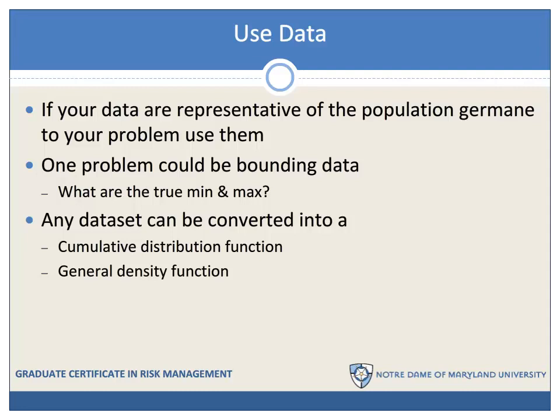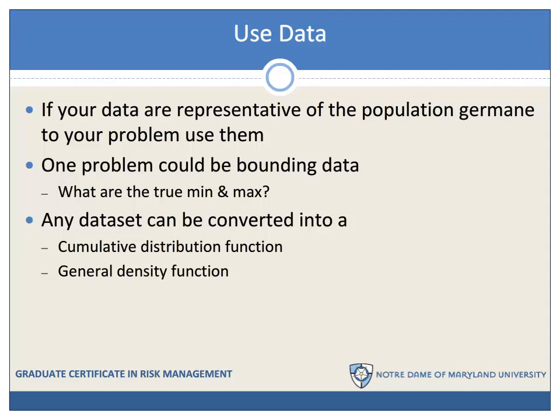Even when you have data that are representative of the population, and they're very germane, one of the problems that you might have could be bounding your data. Because if you have a sample, if we have our water temperature sample, what's the likelihood that our sample includes a true minimum temperature for the water in the period of time that we're interested in? Or what's the likelihood that it includes a true maximum temperature?